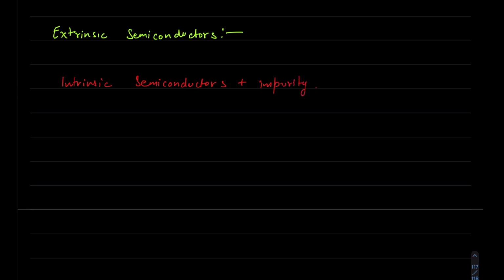Intrinsic semiconductors on their own are not as conductive as we want, so we introduce some impurities into them. What types of extrinsic semiconductors are there? We have two types: N type and P type.